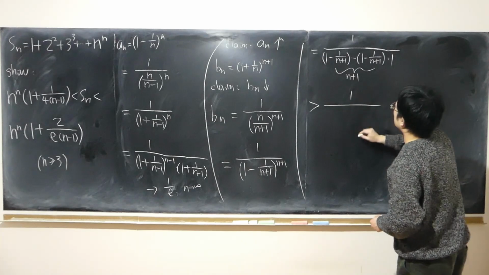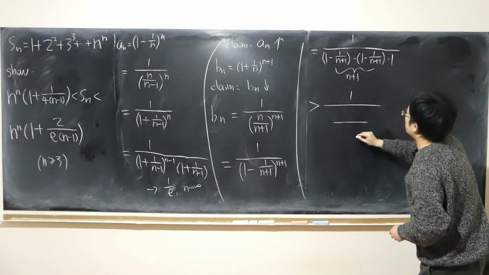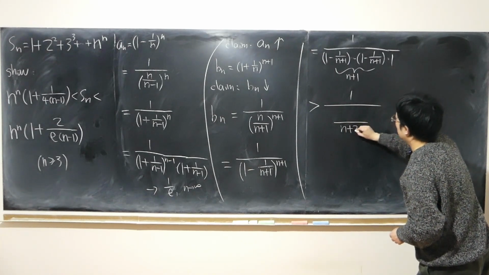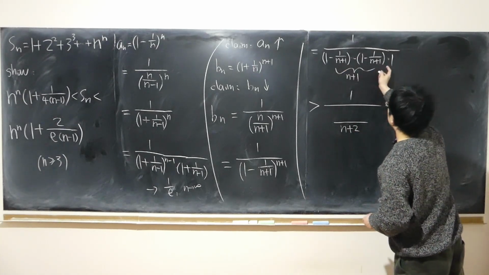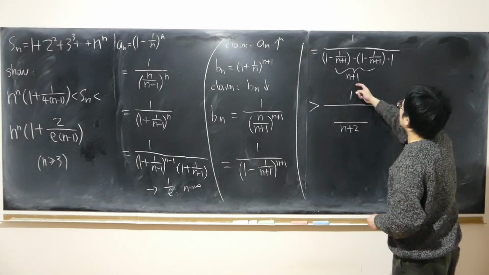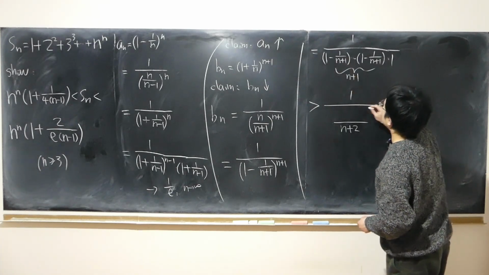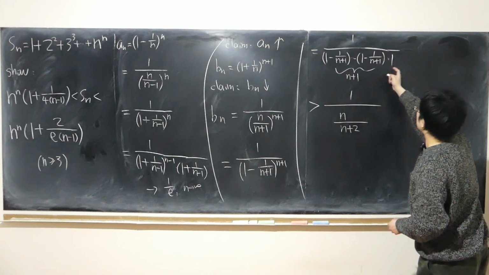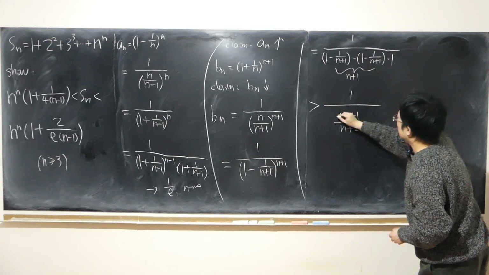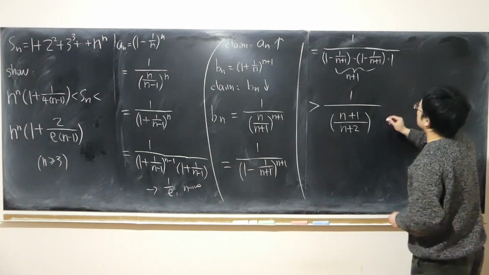All right, so 1 over the arithmetic mean of n+2 factors, the sum of those factors. First n+1 times this factor turns out to be n, and we add 1, to the power of n+2.